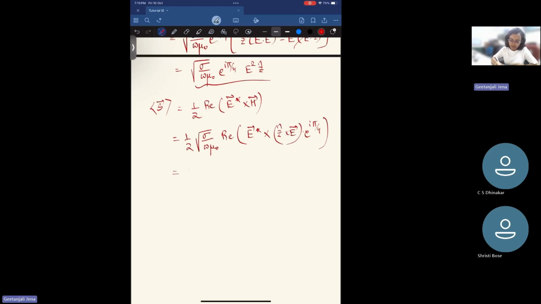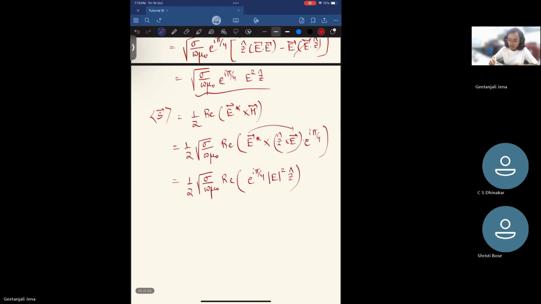So this will give 1/2, A star A, that is mod of A square, which is nothing but what we have seen here.